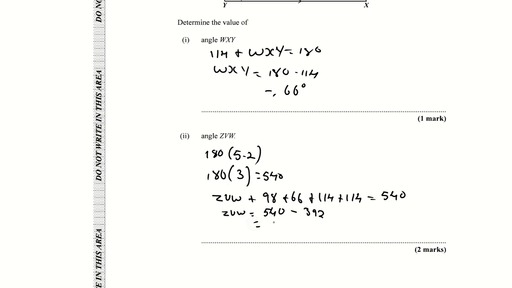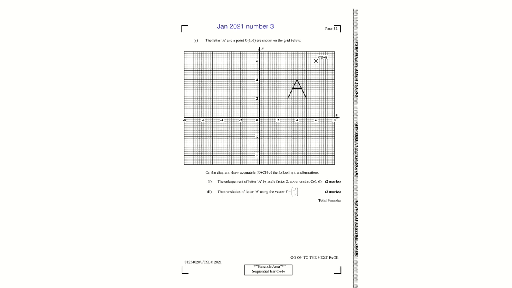ZVW equals 540 minus 392, which equals 148 degrees. And that is how I get that angle. Do we understand this, guys? This next one is the one that I really want to focus on. After we finish with this, we're done for today.